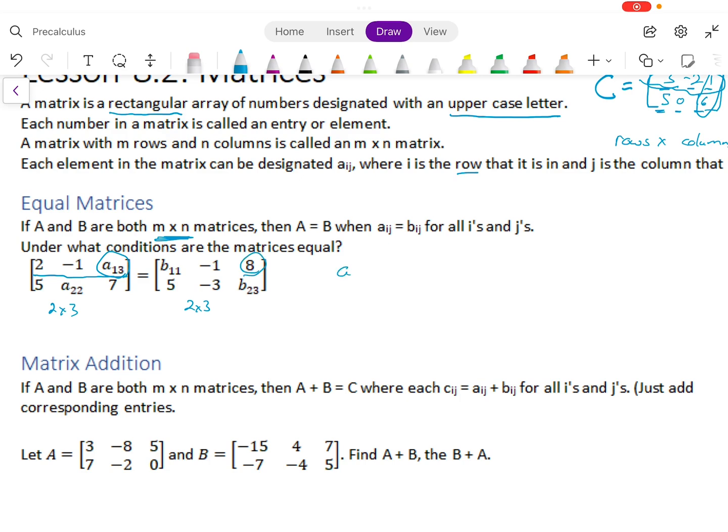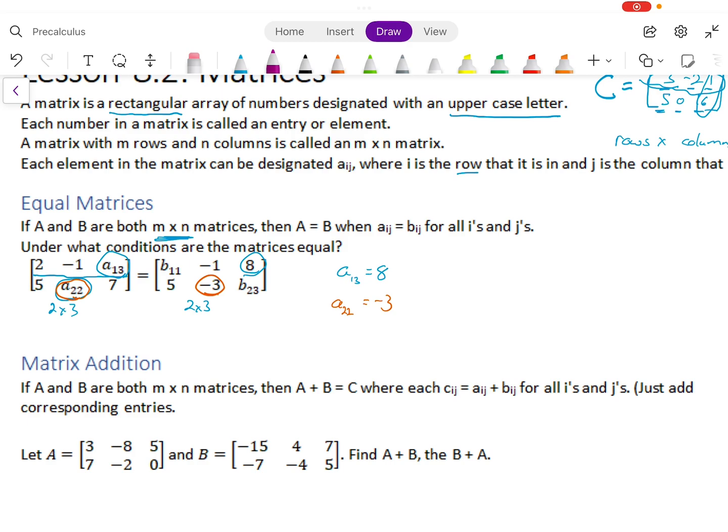So looking across here, A13 has to be equal to B13, so A13 has to equal 8. And A22, second row, second column, has to equal B22, which is -3.